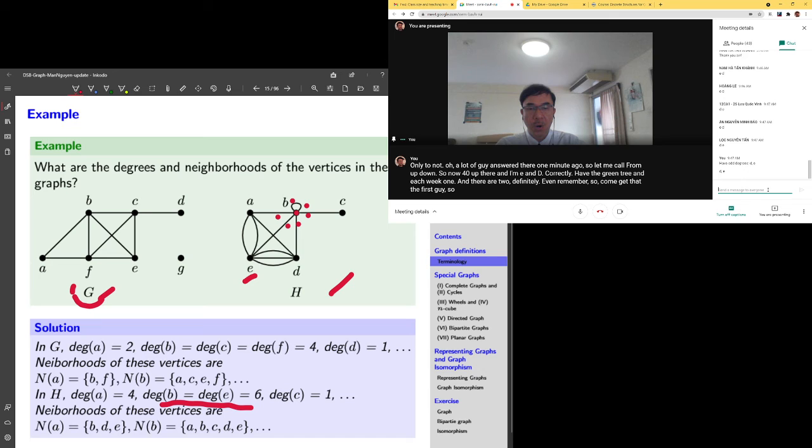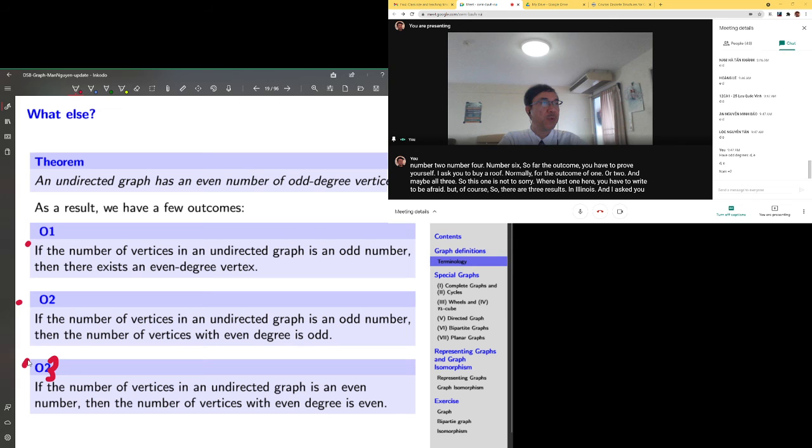O2 and maybe O3. So this one is not O2, sorry. The last one here should be O3, not O2, sorry. So there are 3 results you can employ, and I ask you to prove them yourself, okay? Write a mathematical argument to prove. It is easy, everything relies on theorem 1 and theorem 2 here.